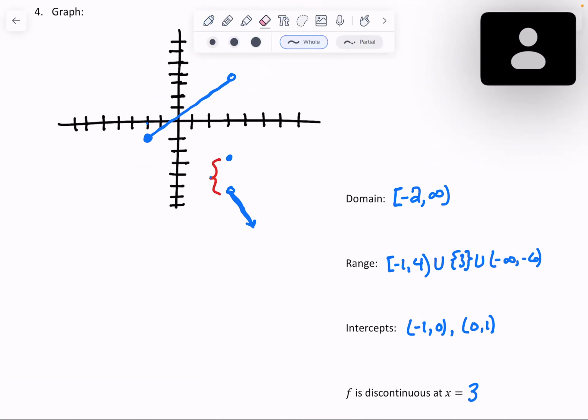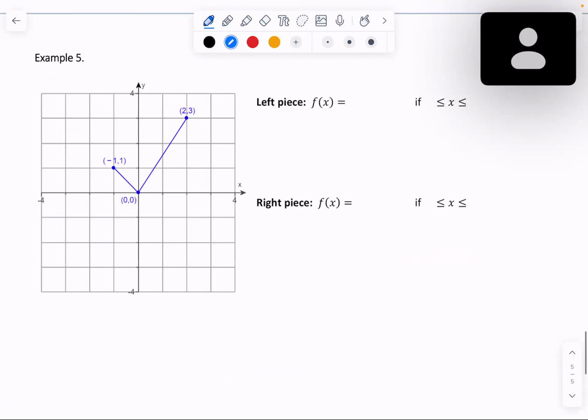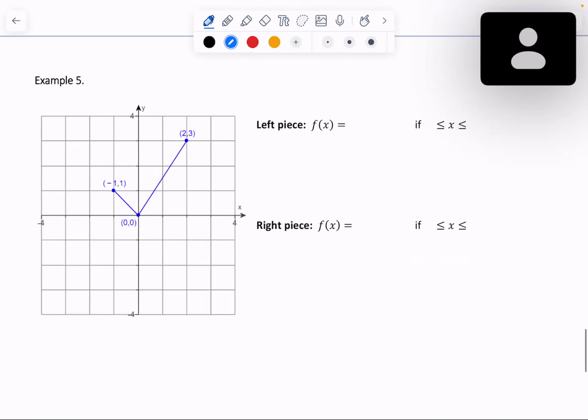So let's look at the next one. So this one here, you actually have to find out what it is on that piece. The easiest part is identifying the domain for each of these, or the possible values of x. If I look at this one here, let's start with the left-hand side. This left part here is just defined for x between what two values?